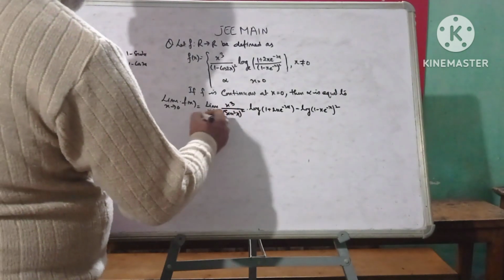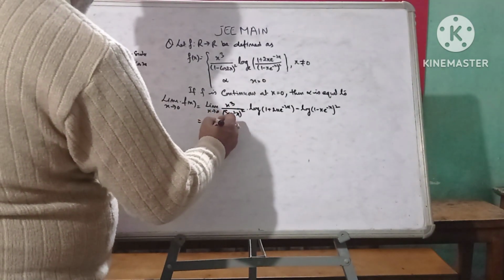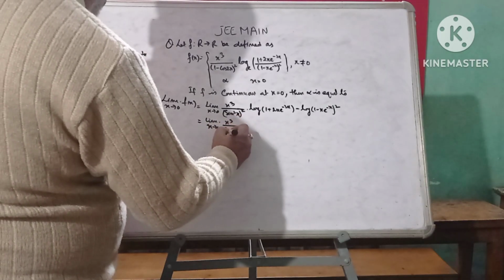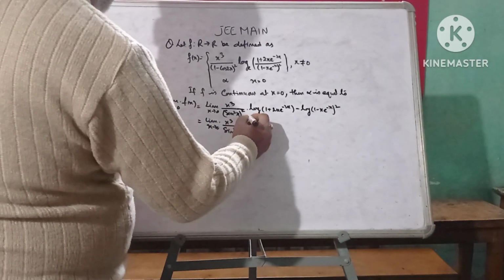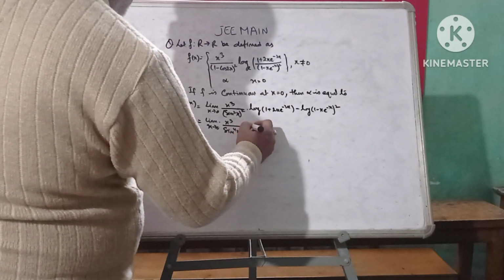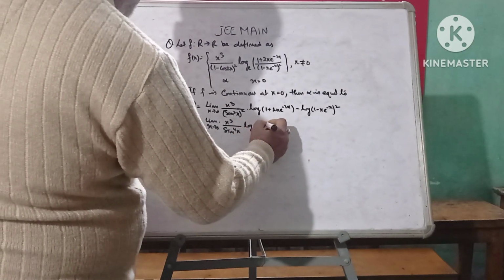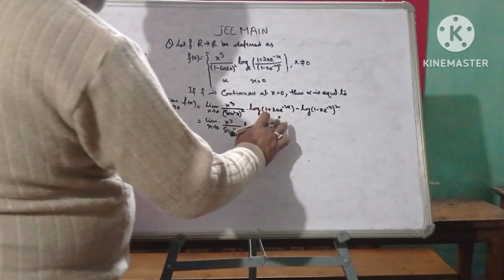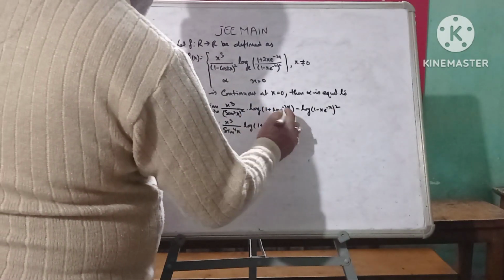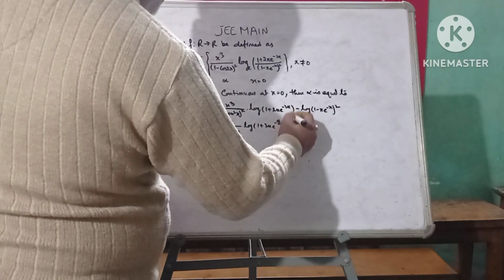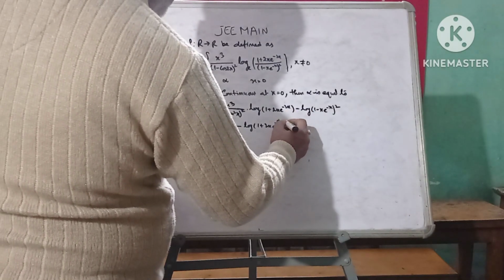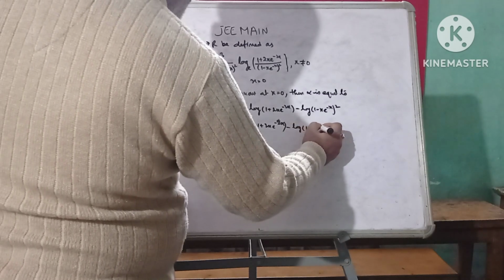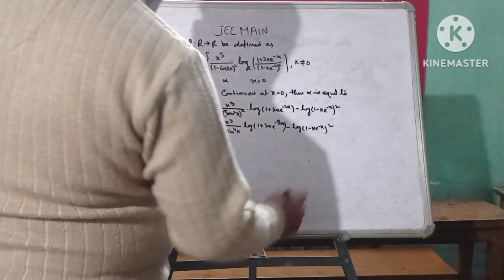So this will be limit x tends to 0 of x cube, sine 4x, and here log of (1 plus 2x) e to the power of minus 2x minus log of (1 minus x) e to the power of minus x, the whole square.